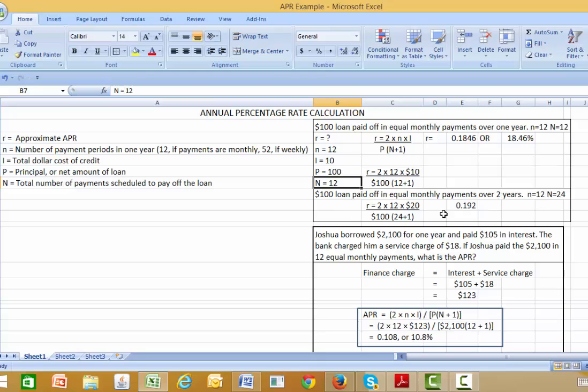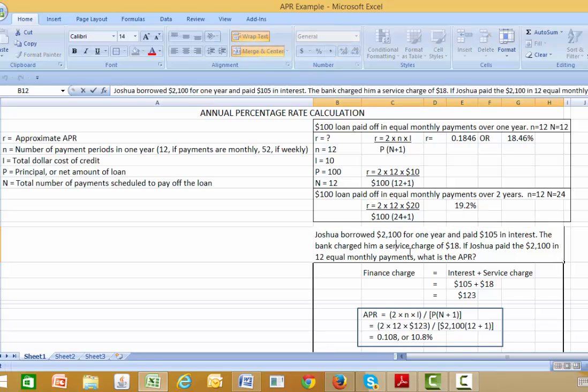Okay, this is the simple interest. So it's $20 divided by the principal, which is 100, times, now we have the capital N, 24 plus 1, and you get the result as 19.2%. If you want to change this to a percent, you just do that. Okay? So hopefully this makes sense to you.